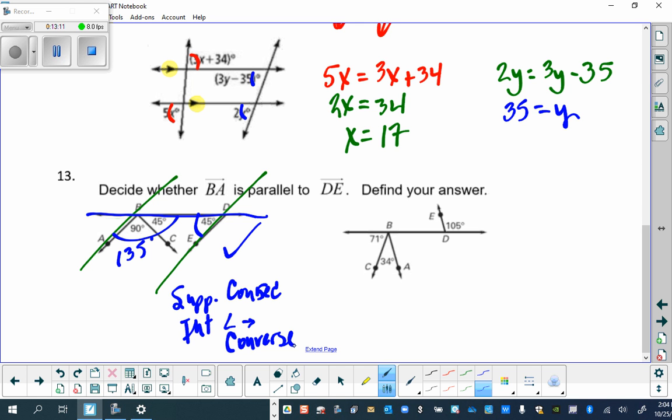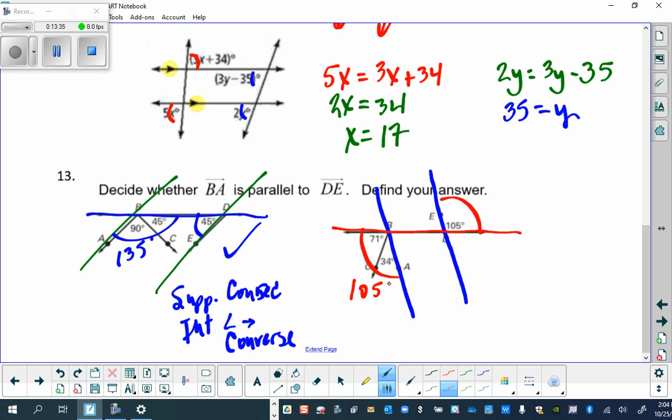All right, coming over here. Here I have BA and DE, and here I have my transversal. I've got 105 degrees here, angle addition postulate. If I add them together, I've got 105 degrees.